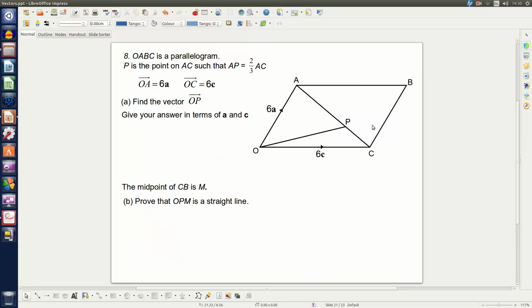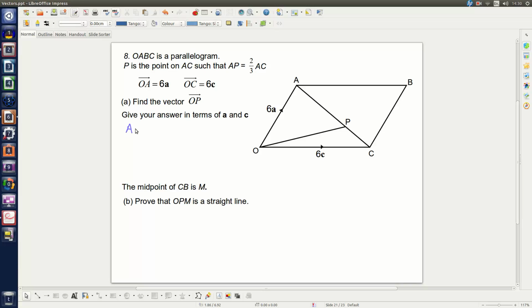Okay, the very last question I wanted to do involves, in the last part anyway, proving that 3 points are collinear or lie on a straight line, as you might put it. Now, the question starts off similar to last time, similar to the very last question we did. We've got to find OP first, and once again, best way to do that would be to find AC first, then AP, then OP. So AC first.